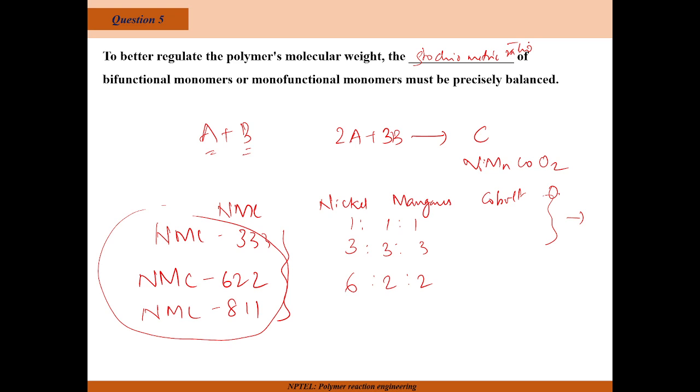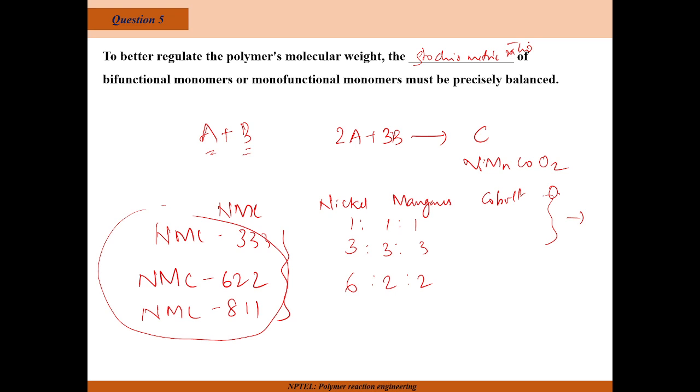If I have a monomer which has functionality at both ends, for example diethylene glycol, this is just an example, or the acids, adipic acid for nylon, so we have a functional group at both ends. Then it will allow the chain to propagate to a maximum extent so that molecular weight will be higher.